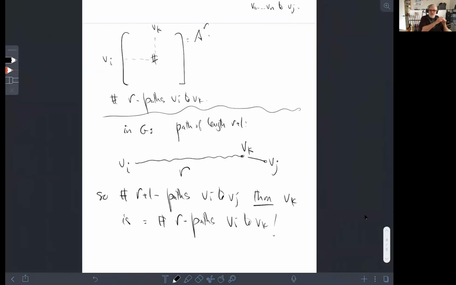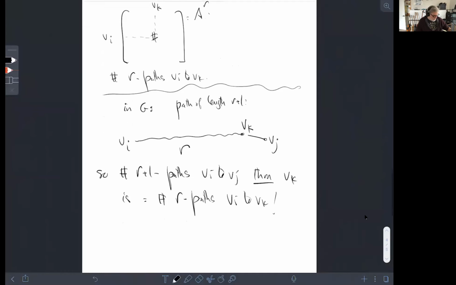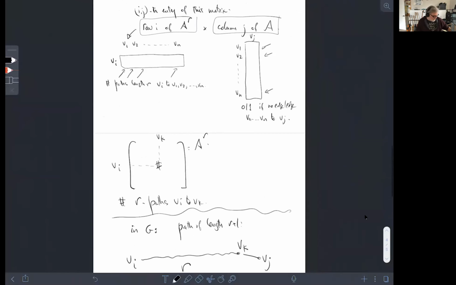So if I want to count the number of ways of going from VI to VJ in R+1 edges, I count the number of ways, let's say, going from VI to VK with R edges, right? And then I do that for every possible VK which is adjacent to VJ. So I multiply this number by 1 if the vertex is adjacent to VJ, and by 0 if it's not adjacent. Okay, so well, let's put some values in there.